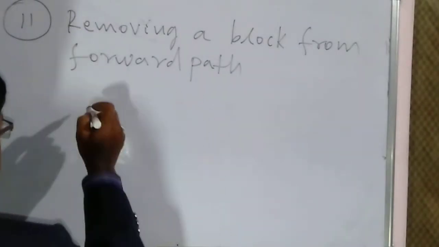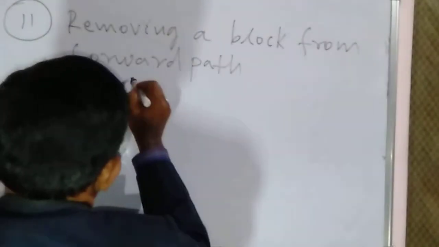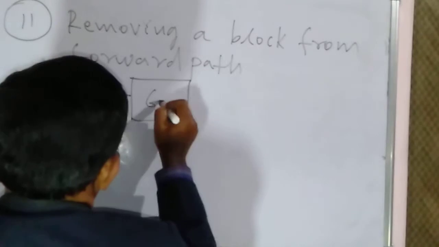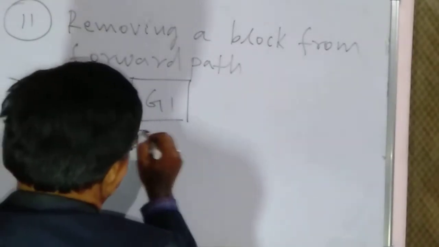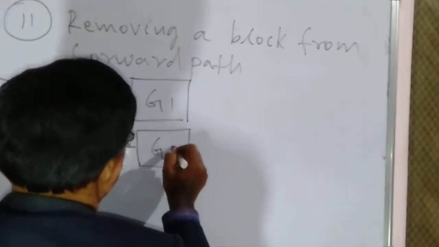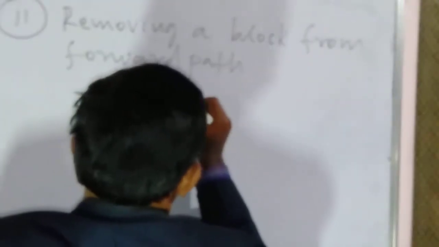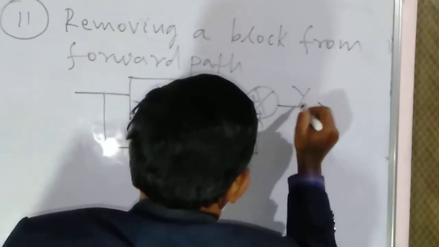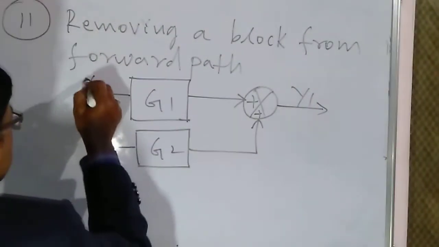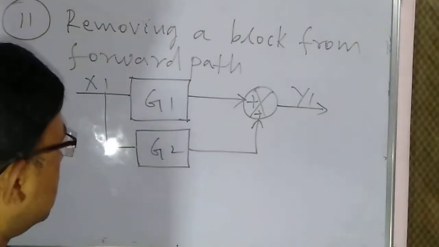So now this is the forward path, G1, this is G2, so that this is y1, and this is x1.